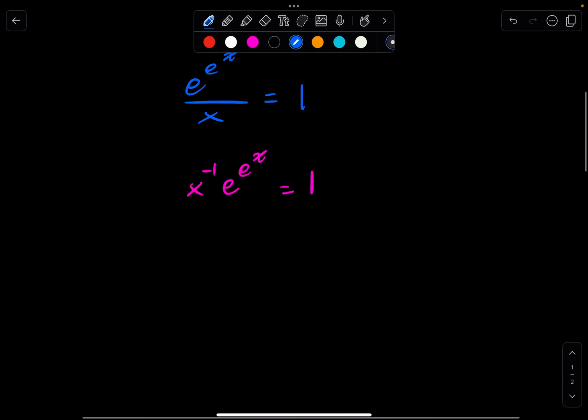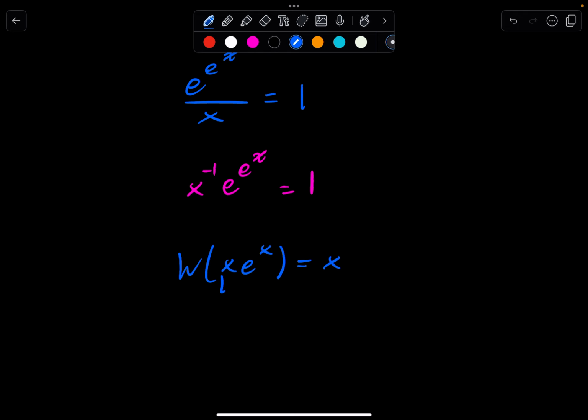Well, if you recall our Lambert W function, Lambert W, if you don't remember, is this, by the way. The Lambert W of x times e to the x is equal to x. It's a special function in mathematics, and I can do an in-depth video on it if you guys want later. Very handy for solving some cool functions.